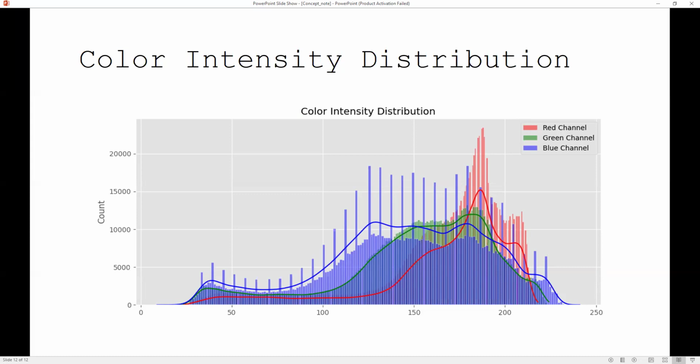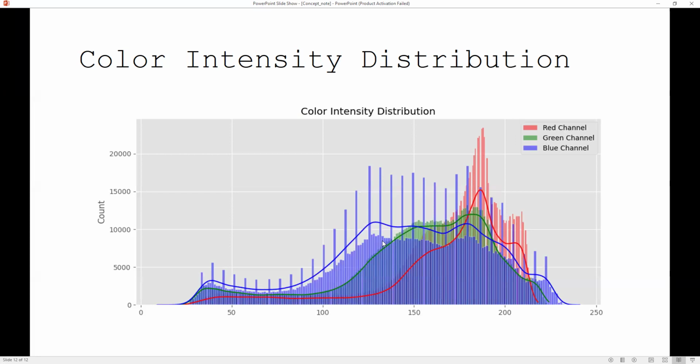Just as an overview, you realize that red highly occurs in those different images, in the pixels of those images. When the pixel values are around 200, red has the highest count.